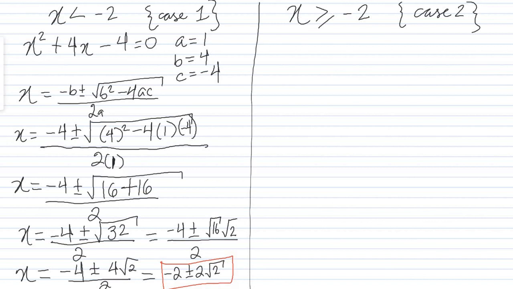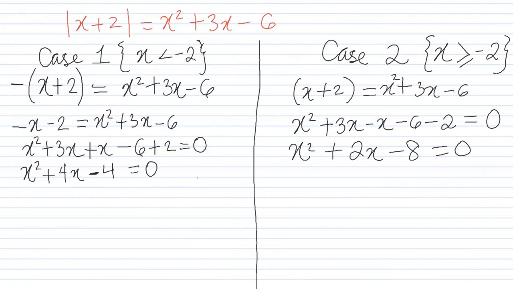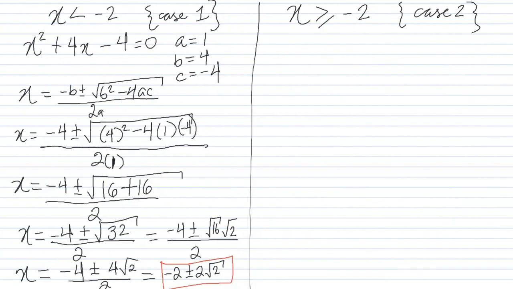What you end up with is x squared plus 2x minus 8 equals 0. And guess what? This is actually something you can do quickly. Just because I'm explaining in detail, that's why.